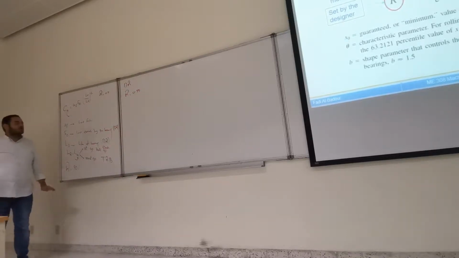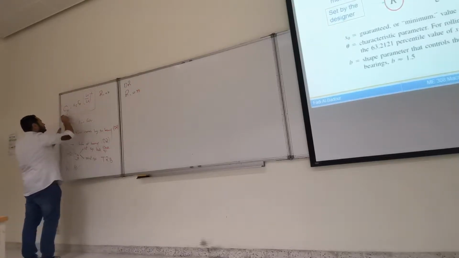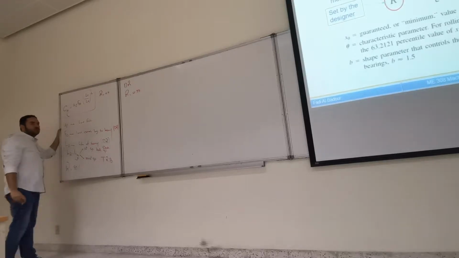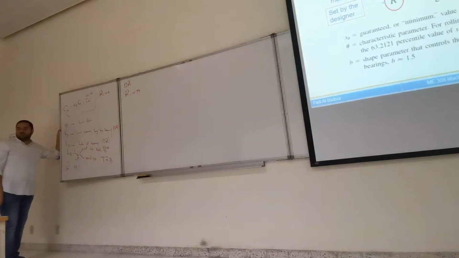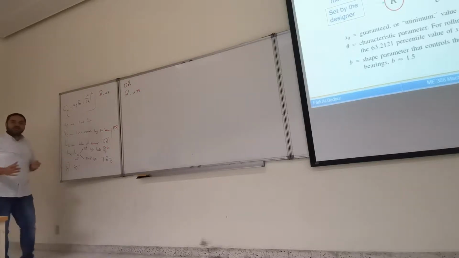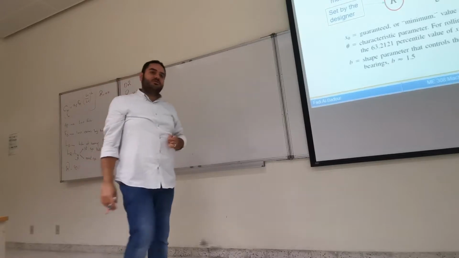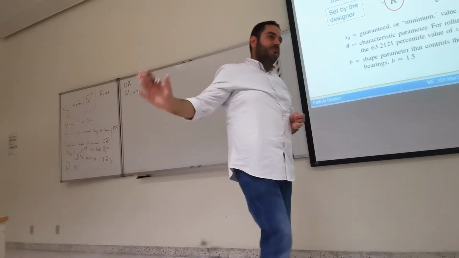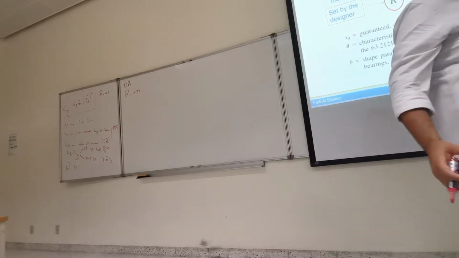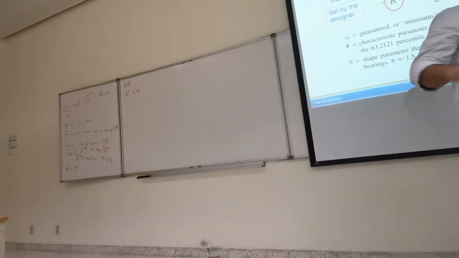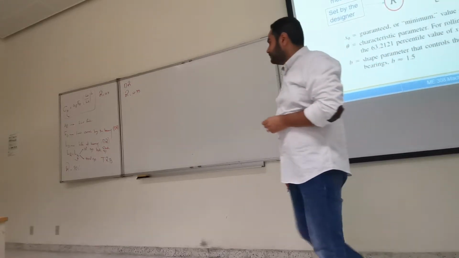In this case, I need to recalculate the rated load, but considering the effective reliability. It's just like in fatigue failure, if you remember, when we calculated the endurance limit of a structure, we considered the effect of surface finish, the nature of load, bending or axial or torsion, the effect of temperature, and reliability was one of the factors.